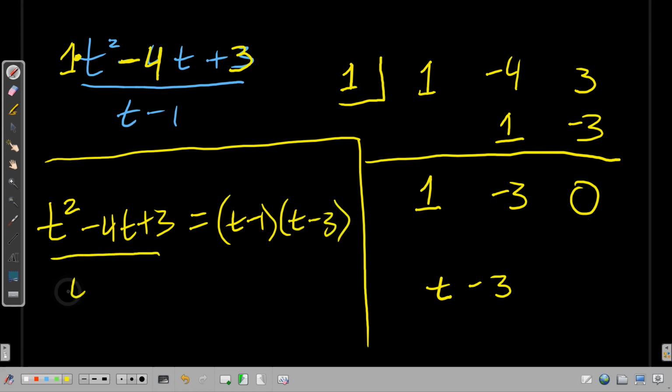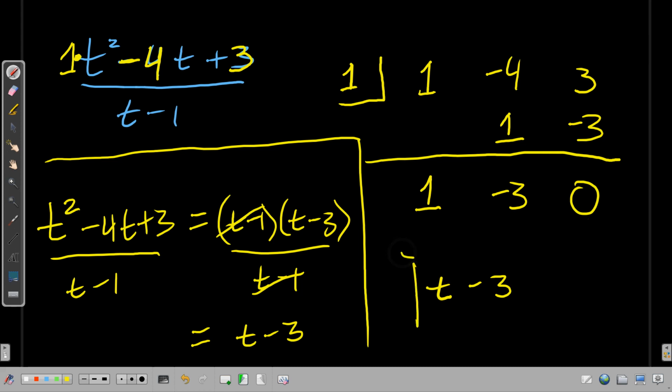And since we have a t minus 1 in the denominator, they will cancel. And you're just left with t minus 3. And that's it.